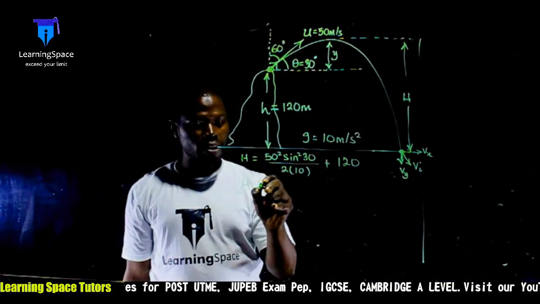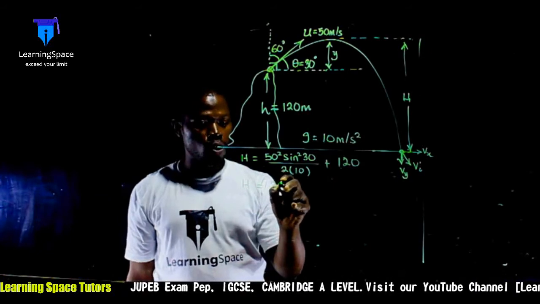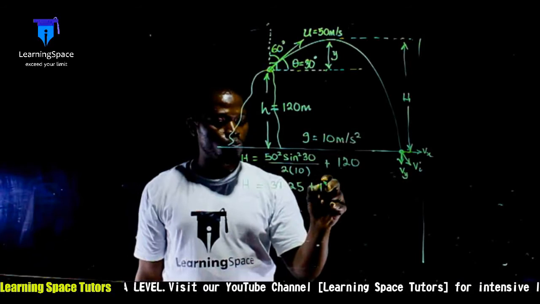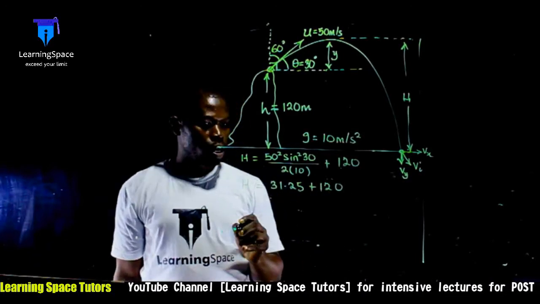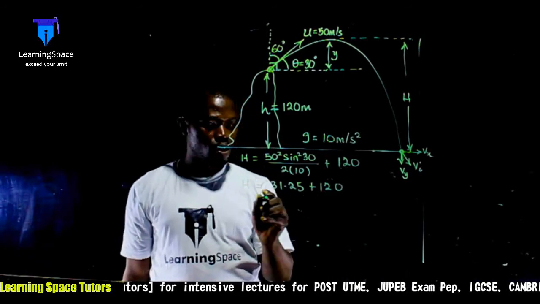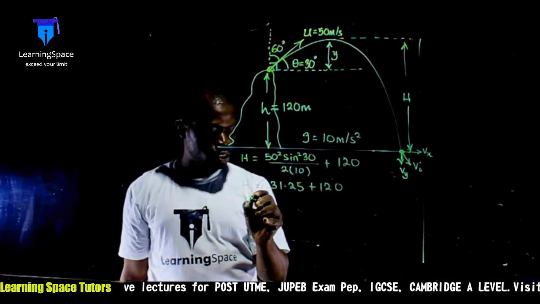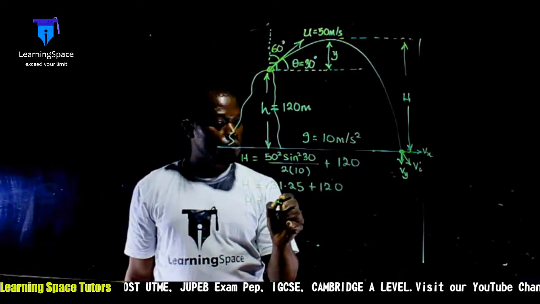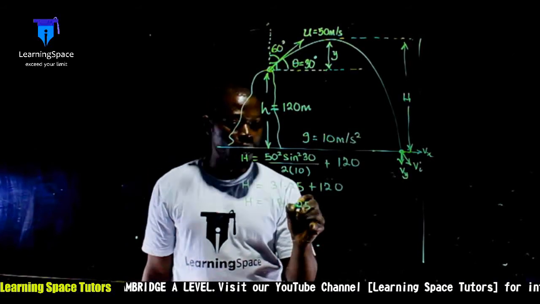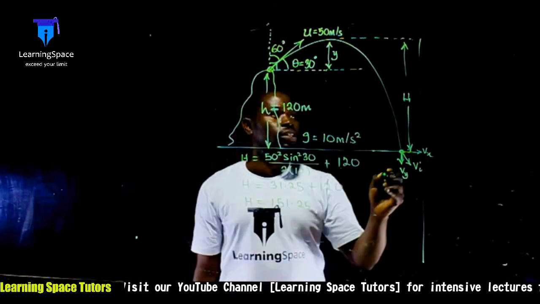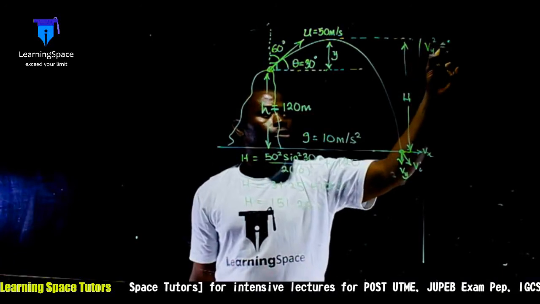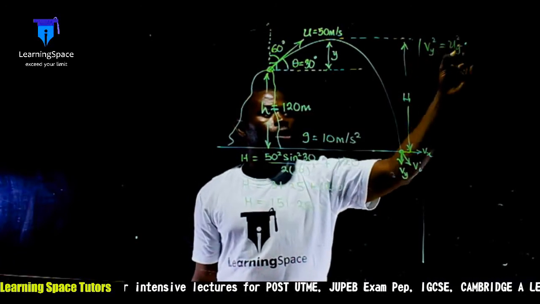The entire value here is going to give us 31.25 plus 120. So if we add this to our h, we are going to have 151.25.